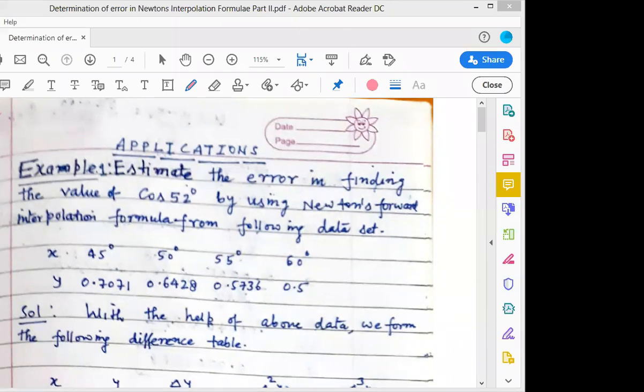After analyzing and assuming all the values of substitutions, we were able to find the value of the error corresponding to Newton's forward interpolation formula.